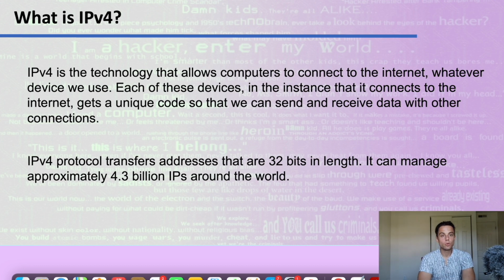The IPv4 protocol consists of 32 bits, which means that we have access to over 4.3 billion IP addresses. And as we said, IPv4 is already at its maximum capacity, so all of those IP addresses have already been reached.